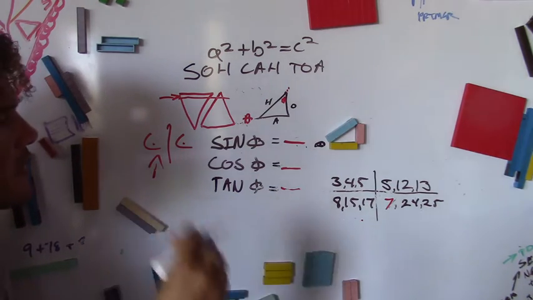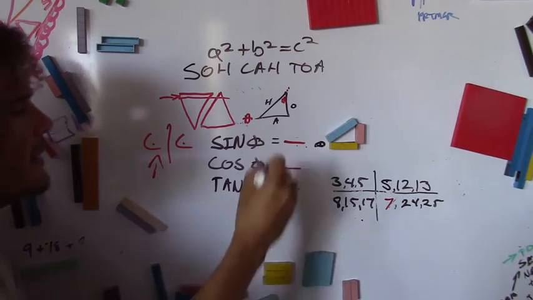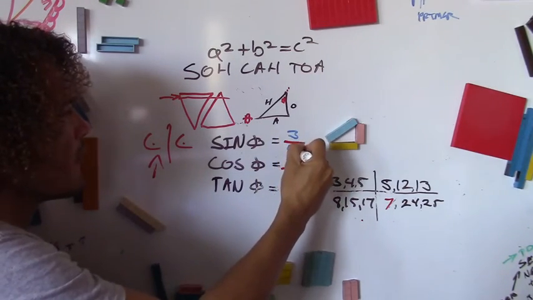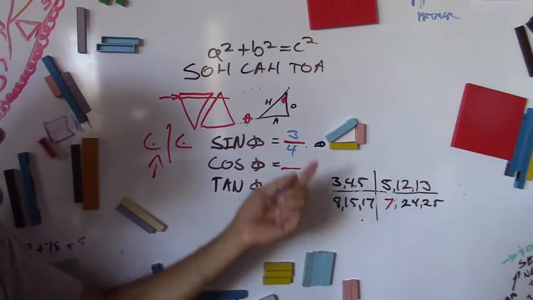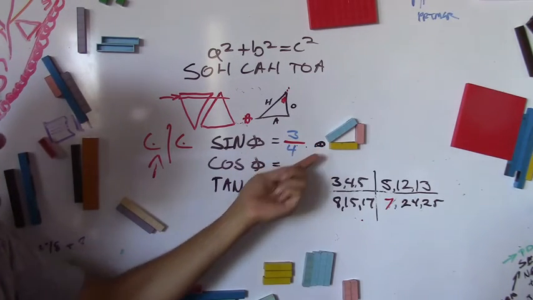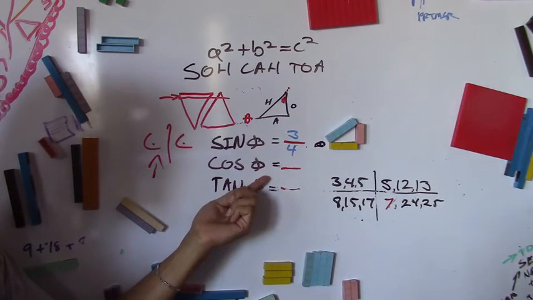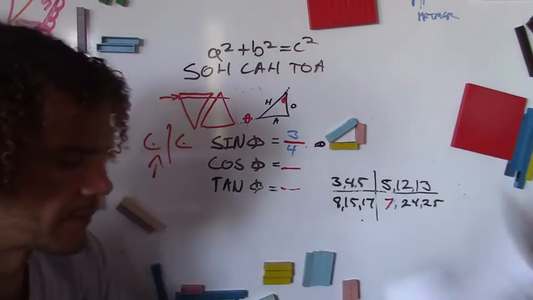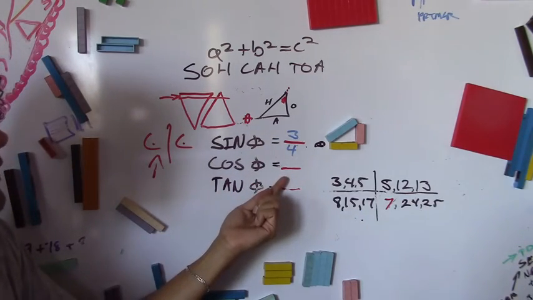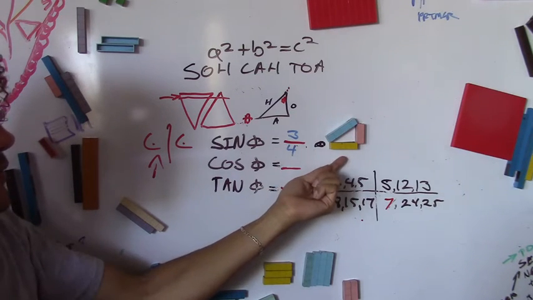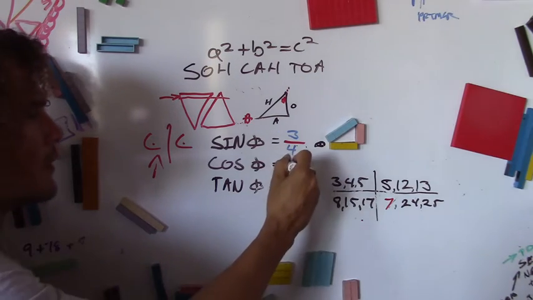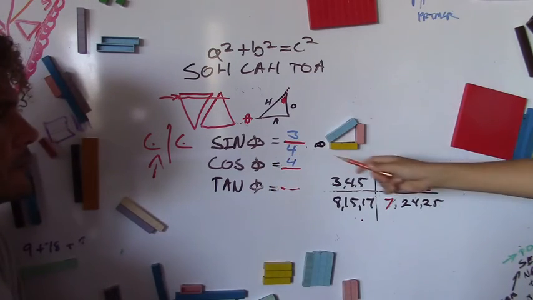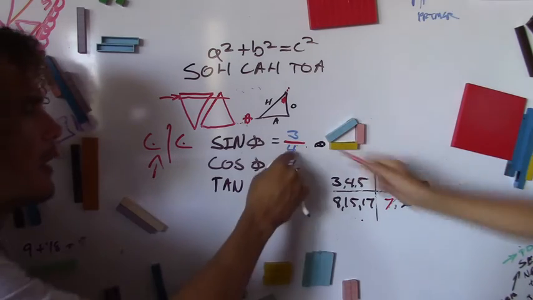If I tell you that sine is 3 over 4 on this one, what's cosine on this one? Cosine is adjacent over hypotenuse. What's adjacent? 4. Wait, over sine? This is wrong then. Ah, 5. Good job.